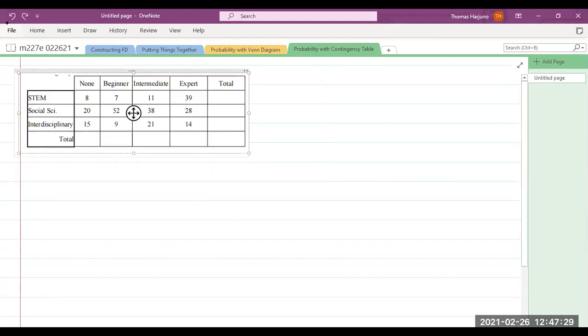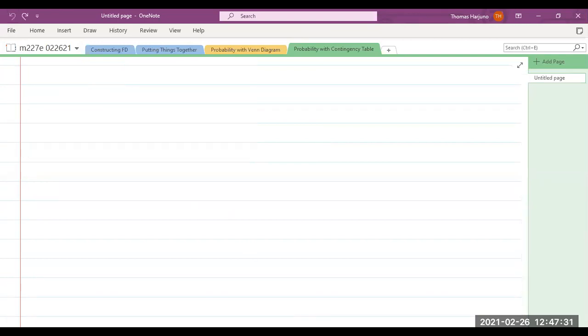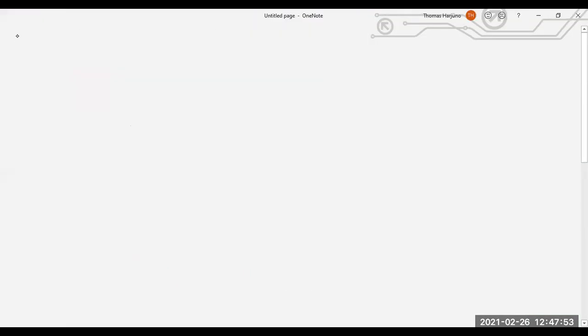Let me give you a better picture, so that you can see the question also. So this is a contingency table with the context included.